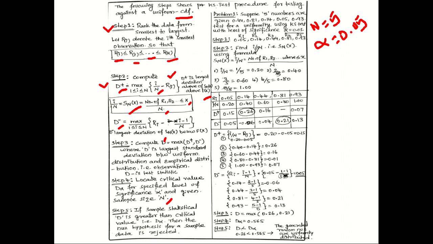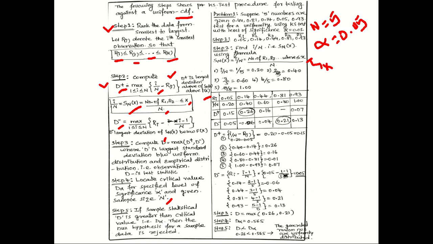In the second step, we will calculate D plus. Before we compute D plus, we will compute the empirical distribution, that is i divided by n. So i divided by n equals the number of random numbers which are less than or equal to x. Here x is the random number.